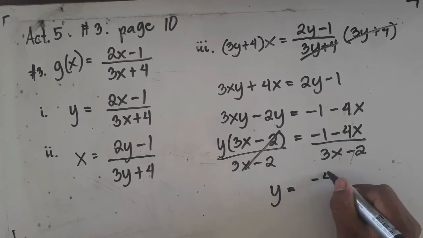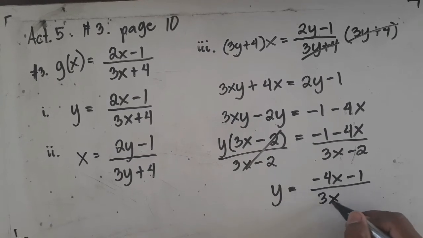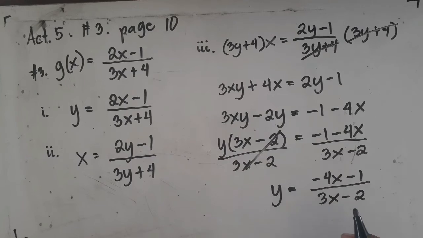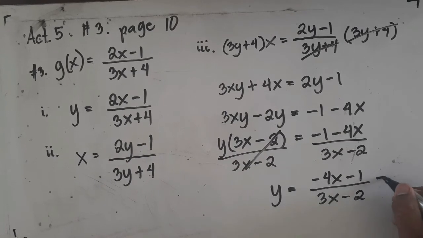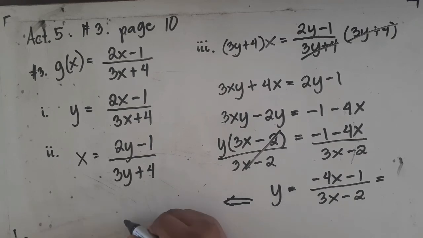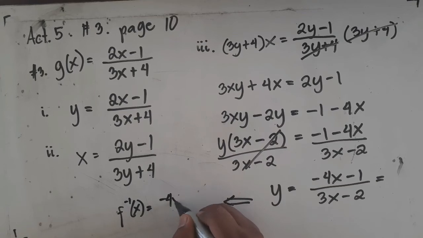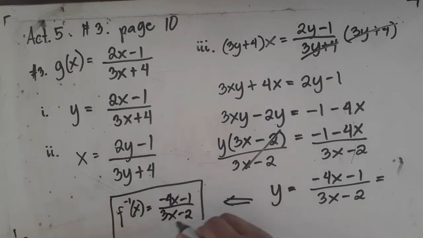So you have negative 4x minus 1 all over 3x minus 2. This is now your f negative 1 of x equals negative 4x minus 1 all over 3x minus 2. This is now your inverse.